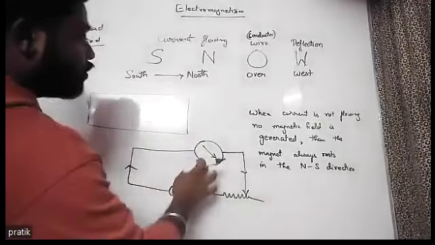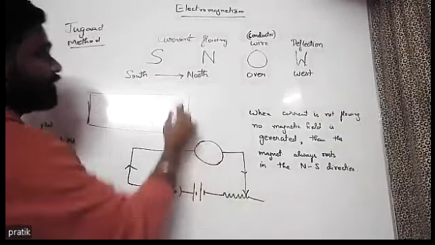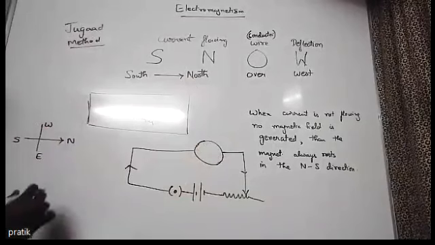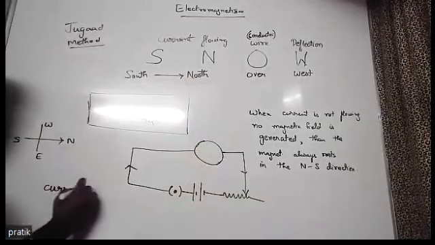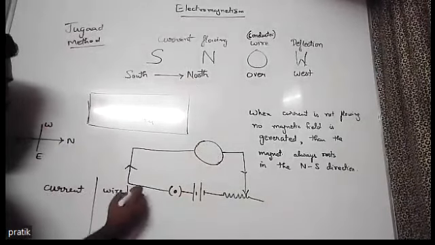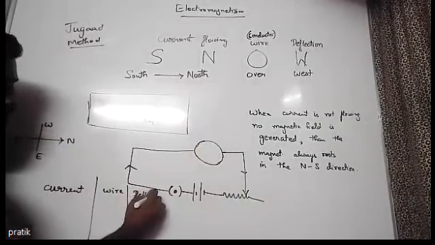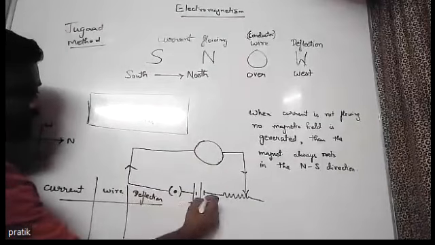So now how do I decide in which direction it is deflecting? As per the Jugaad method, which we know, this is the direction. Make 3 columns: current, wire, and deflection. I hope everyone knows why current is moving in this direction, because this is positive, this is negative.